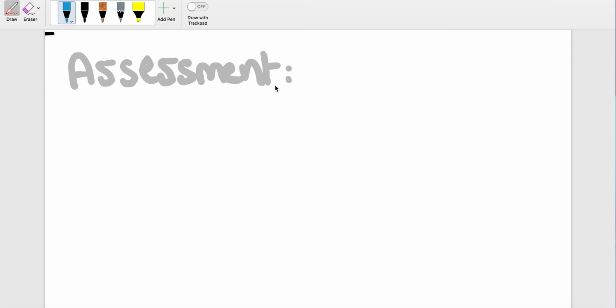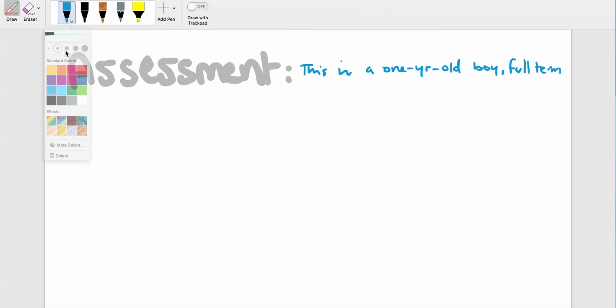So in the assessment, you will write: this is a 1-year-old boy, full term. And then you will use the common words that we wrote before.